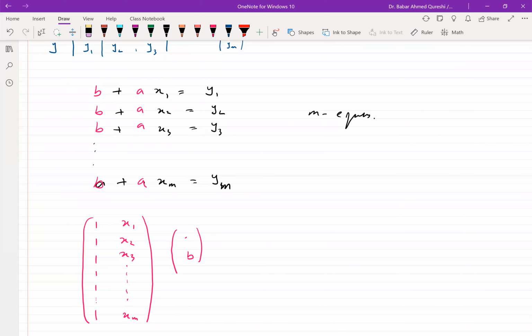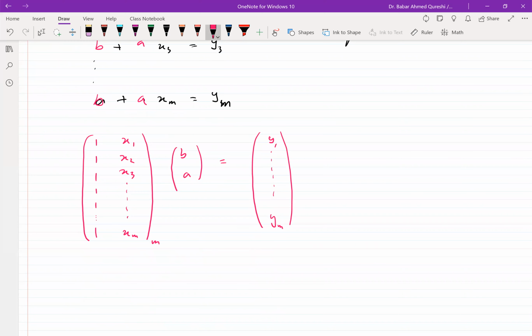So then over here, I get this. So then I have over here an m by 2 matrix acting on a 2-column vector of unknowns and producing this m column vector.